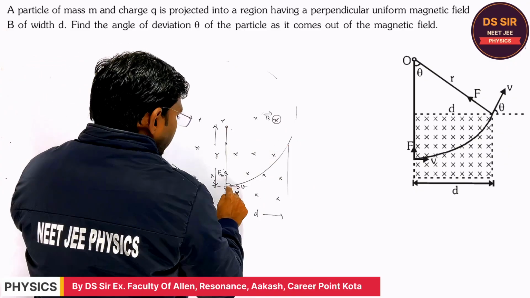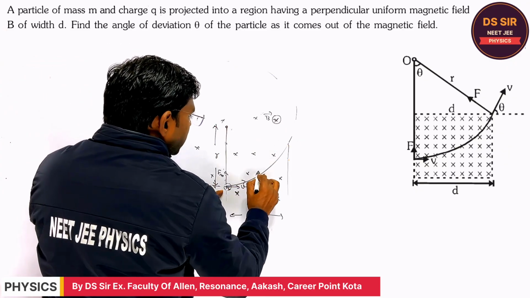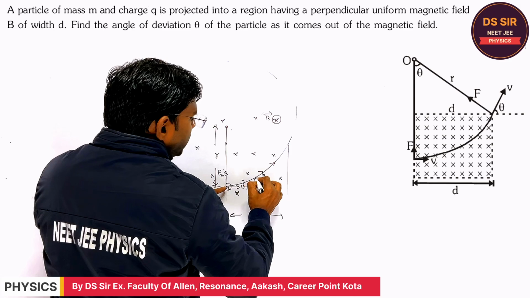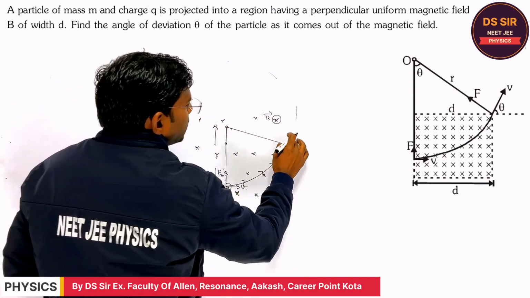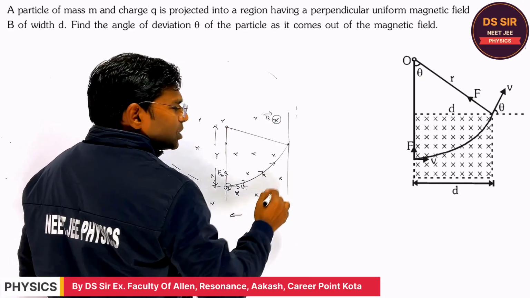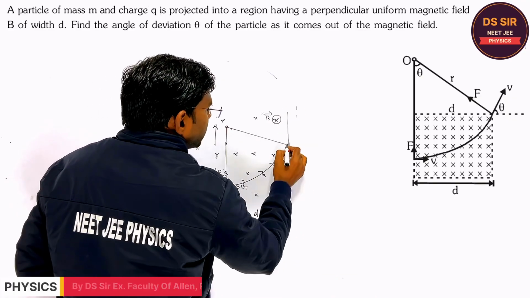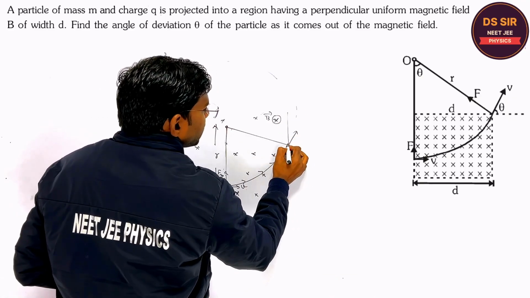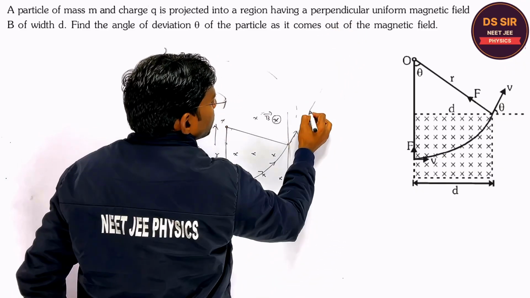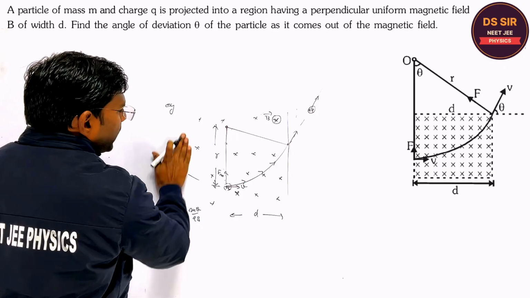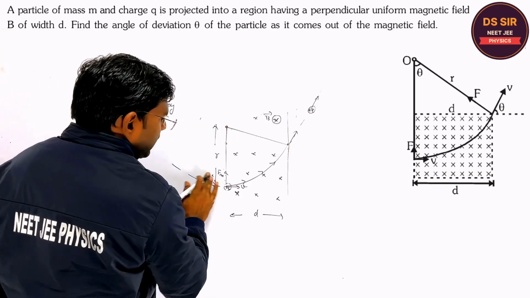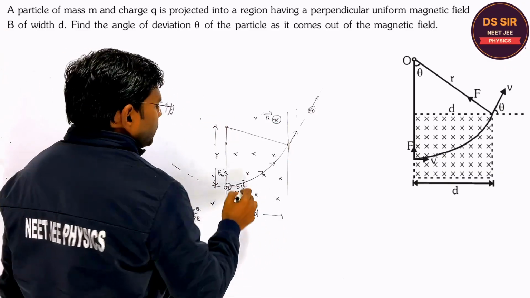But from this point the magnetic field is present, so it moves in a circular arc. When it reaches this point, the magnetic field is finished, then its velocity will be v, so it will continue to move in a straight line. Are you getting or not? Because no magnetic field is present, only the width is d.